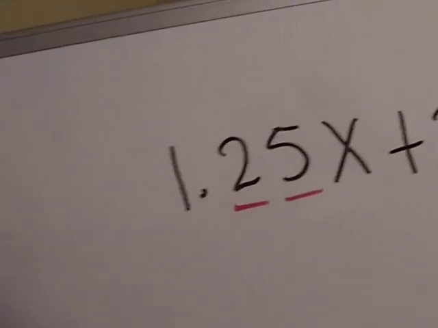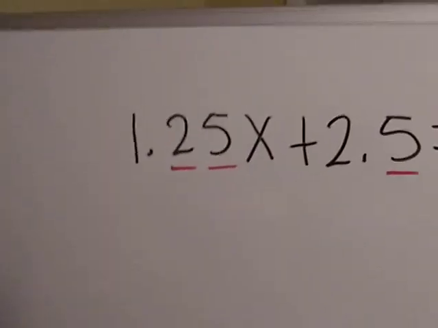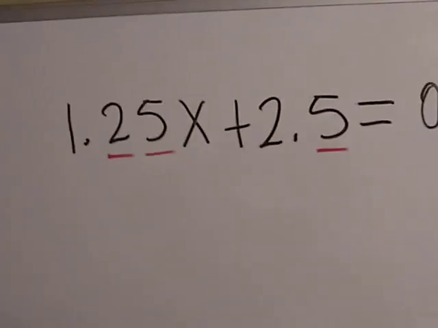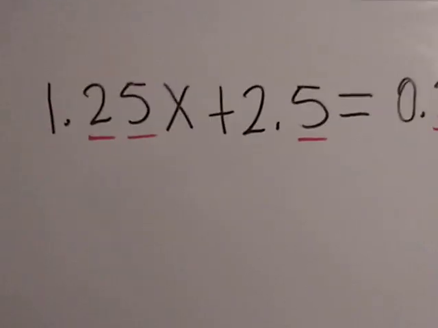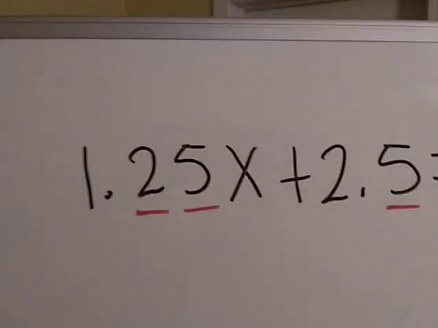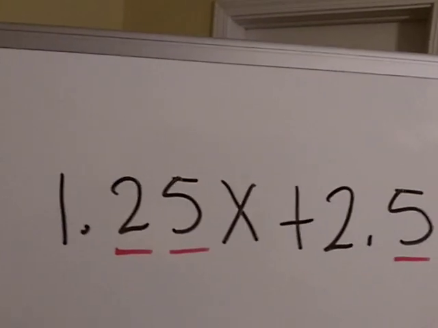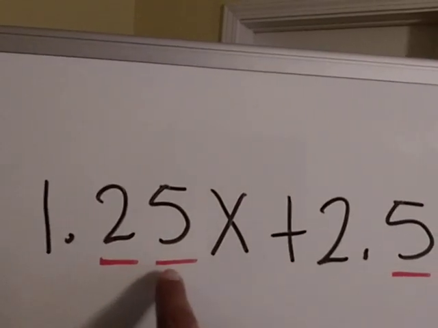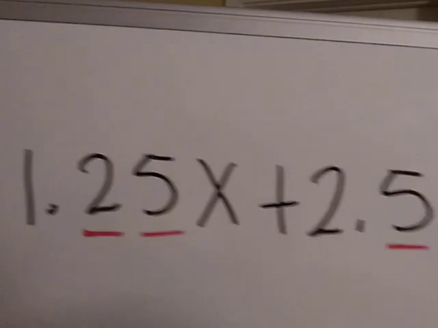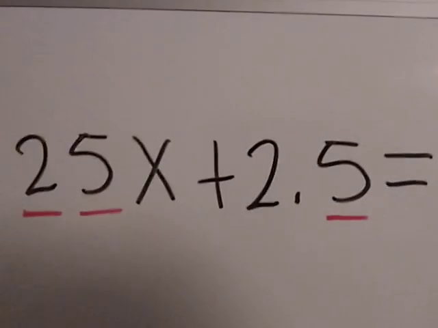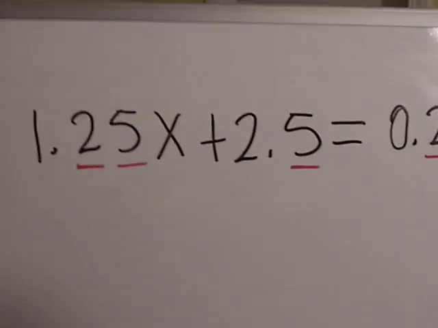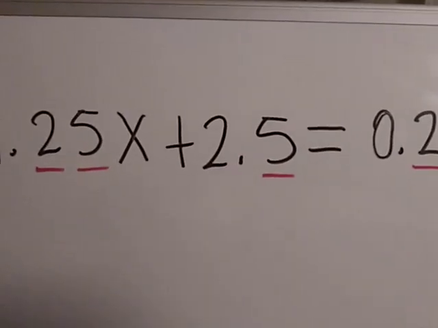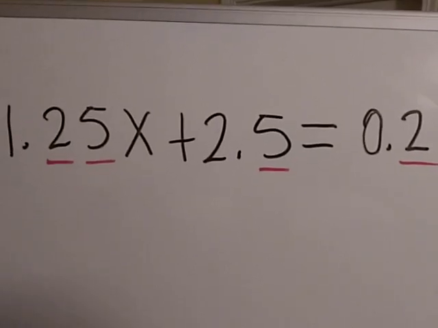So we need to multiply by 10 to the second power. How do I get that? It will be 1, 2. We need to go with the highest number of spaces to the right of the decimal point so that we can completely clear all of them.